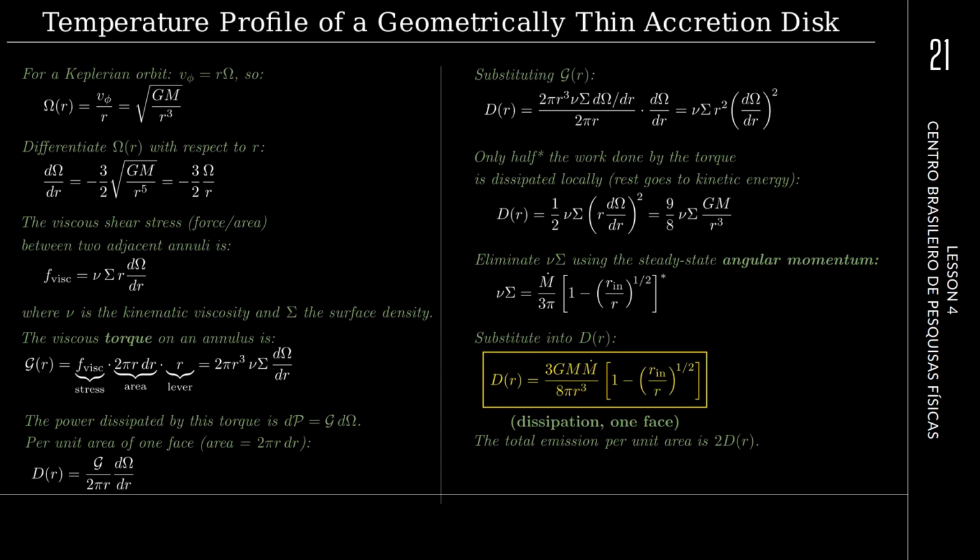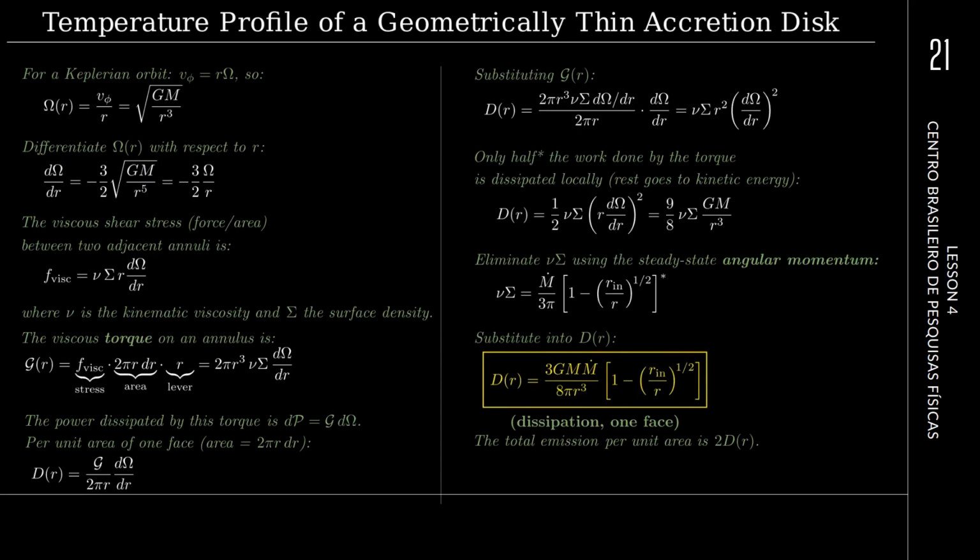per area emitted. So this is the amount of energy that will be radiated. However, we are assuming that each ring emits like a black body. Actually, when I divide by the area here, I'm dividing by the area of a ring, which is 2πr dr. However, the disk has 2 faces.